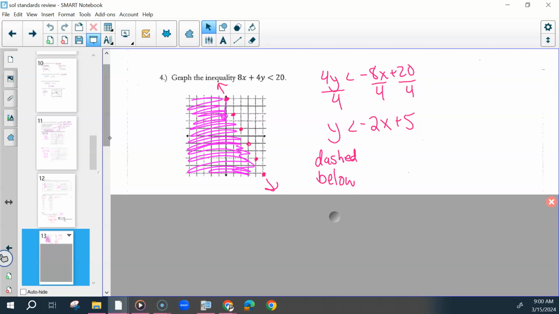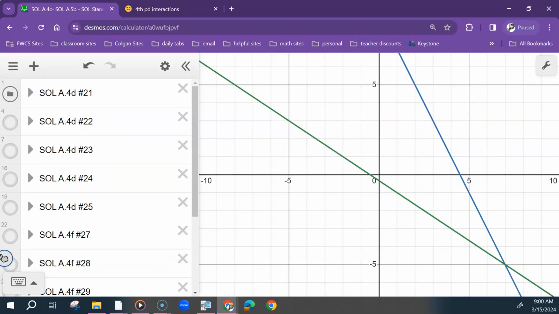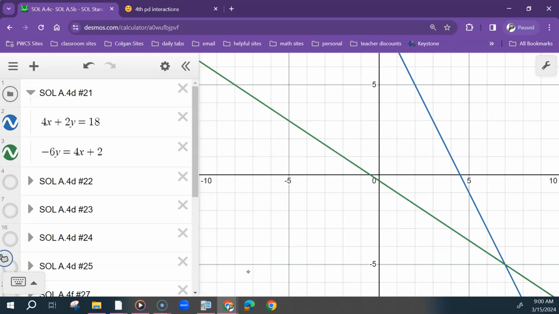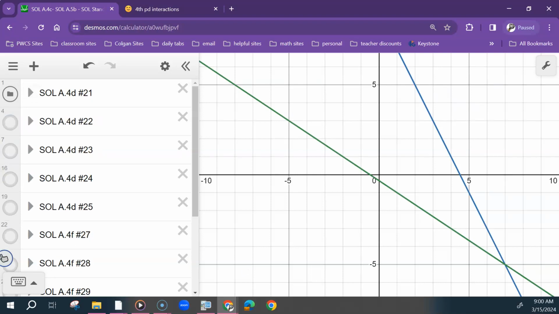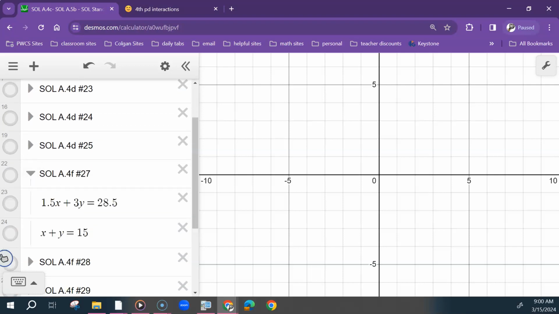As you're working through 5C and 5D, make sure you're using Desmos at home, or here if you're practicing. For anything systems related, put those in, see where they intersect. This was the word problem.